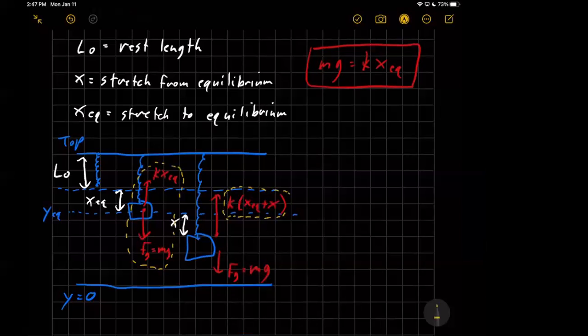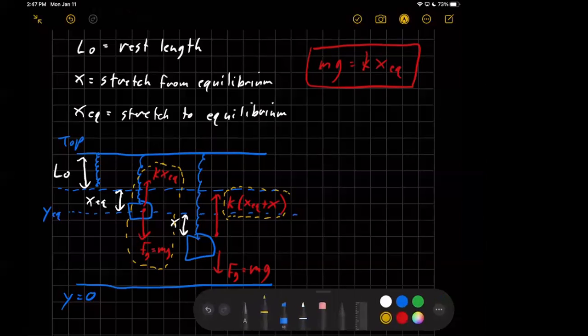When we're below equilibrium, the stretch is greater, so K times the total stretch will be bigger than mg. When we're above equilibrium, it will be less than that, so the object will want to keep bouncing around equilibrium. Now, let's try to figure out what's going to happen as we do this.